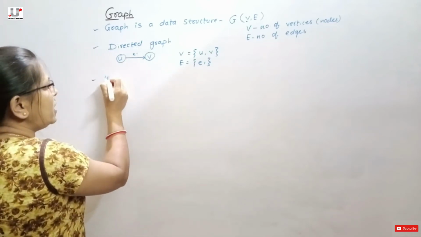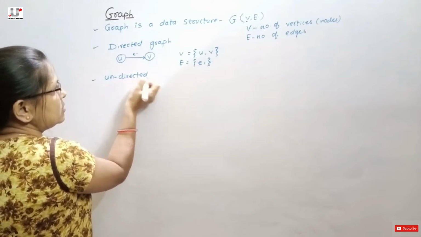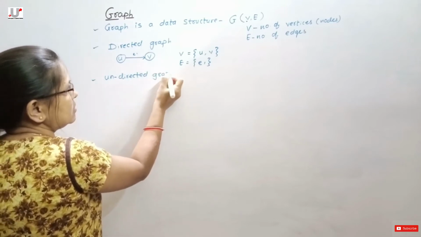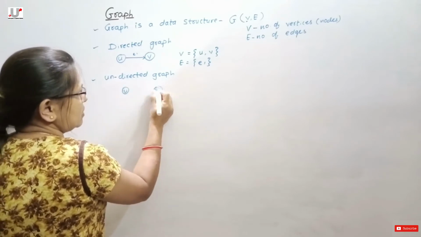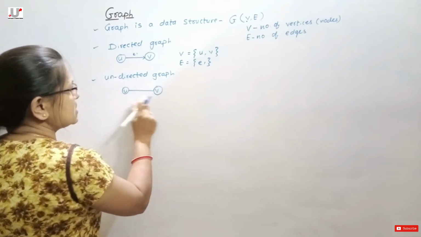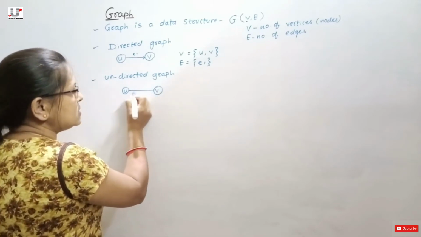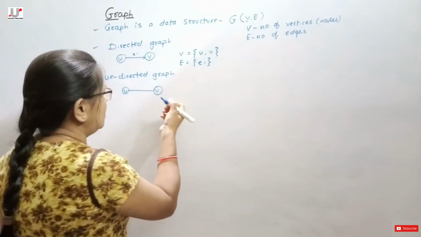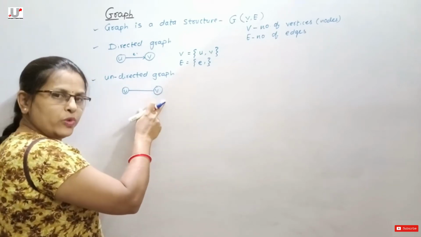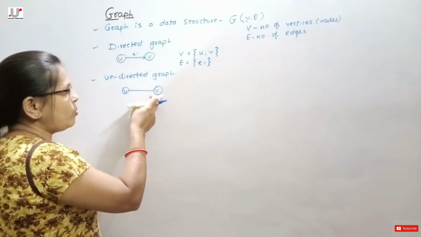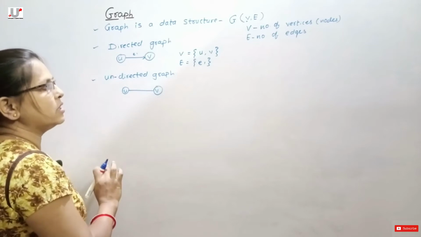And in case of an undirected graph, in this example two nodes are there, U and V, and as the edge is undirected, we traverse from U to V as well as from V to U. Traversing is also possible in case of an undirected graph.